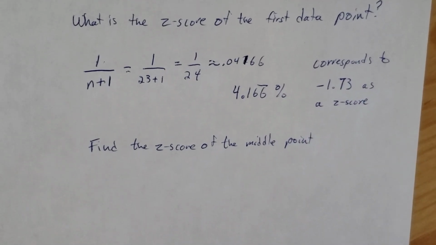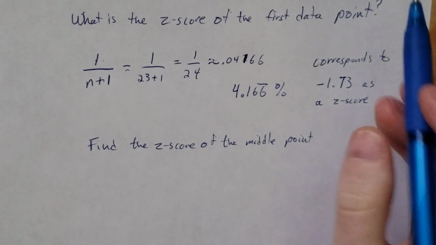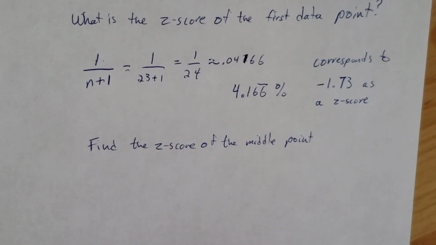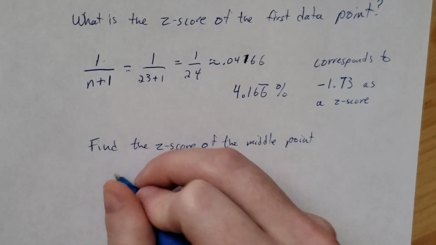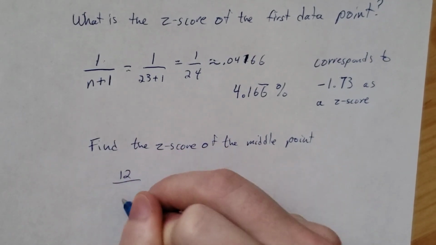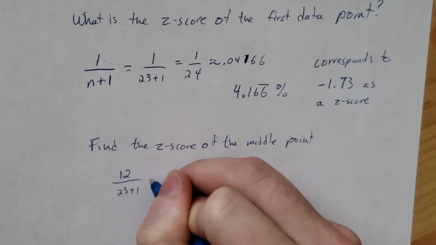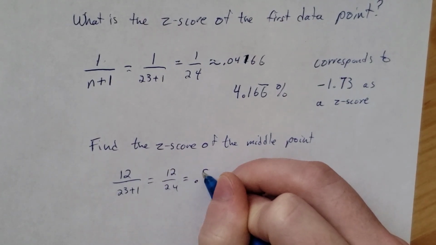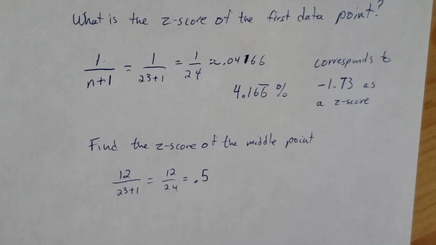If we get our middle data point here, our middle data point would be value 12 out of 23. That would be the one right in the middle. So this would be 12 out of 23 plus 1, or in other words, 12 out of 24, which is 0.5. And what is the z-score for 0.5?